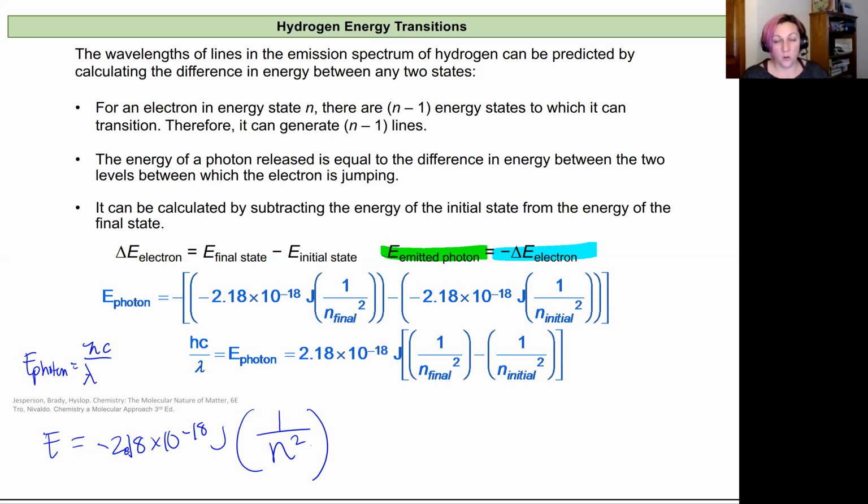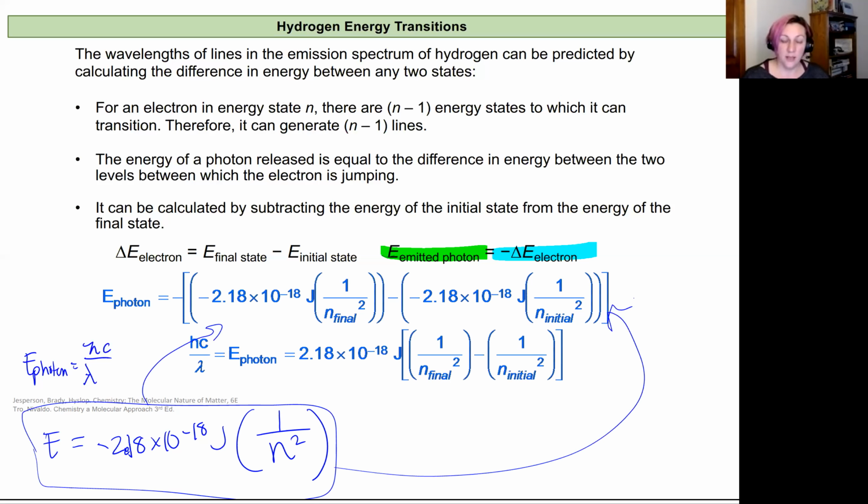And that's all we're doing here to figure out the energy of that photon: we're taking the energy difference between two levels. And so this right here is the final state minus the initial state. We can easily measure the energy of the photon and the wavelength, and that then allows us to figure out what these energy levels were, or the difference in energy between them.